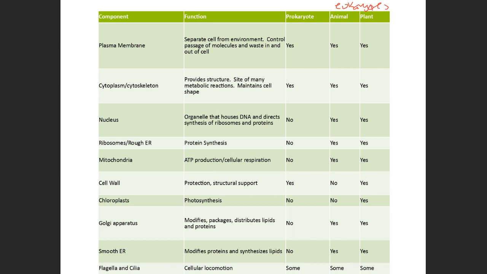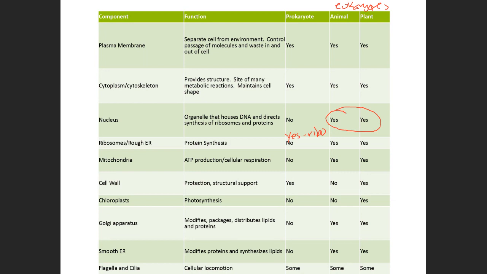So the plasma membrane outside the cell, everybody's got them. Cytoplasm and cytoskeleton, everybody has it. The nucleus, only eukaryotes have a nucleus. Ribosomes and rough ER. So the prokaryotes actually have the ribosomes, yes to ribosomes, but no to the rough ER. I should have divided those two out.